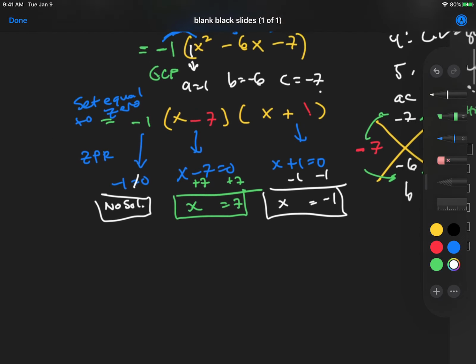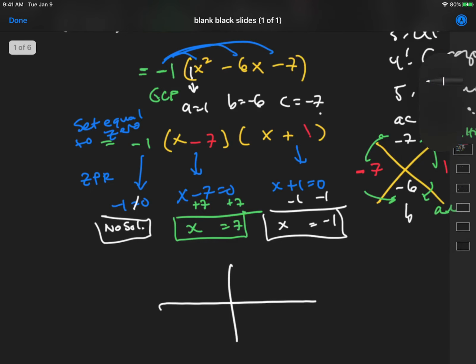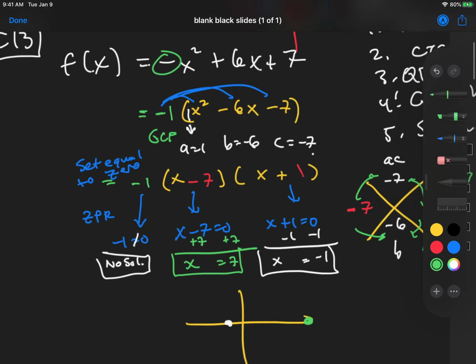Just draw a quick graph just to show you what's going on here. I should do that in a different color. So you have the -1, you have the +7. Remember, the no solution is nothing on the graph, okay?